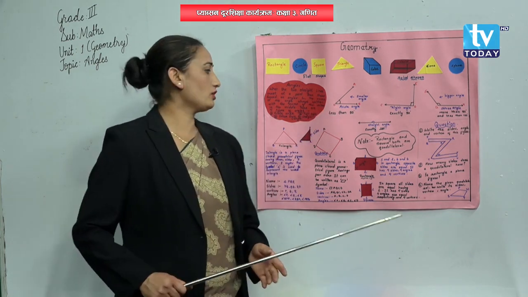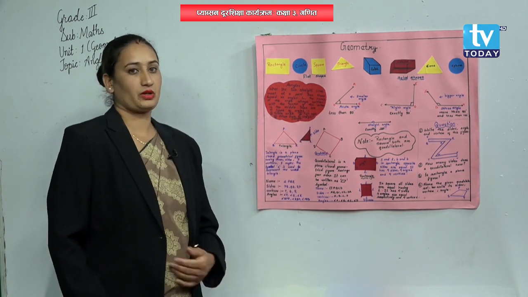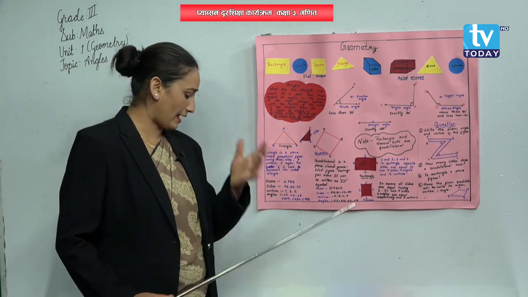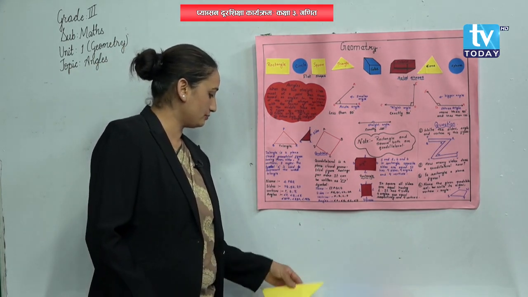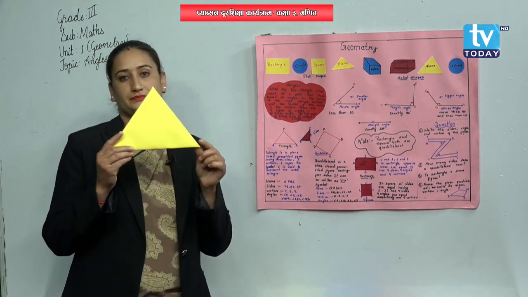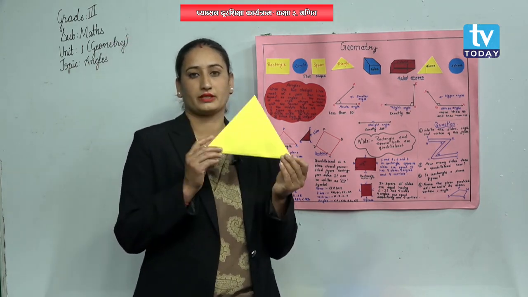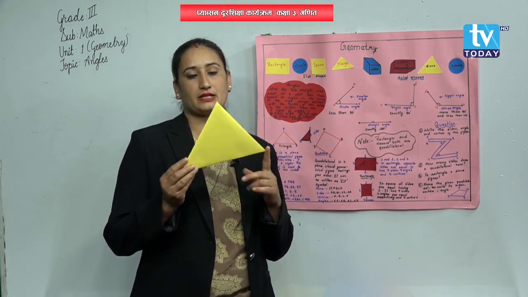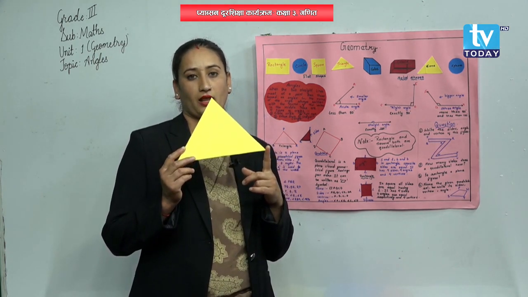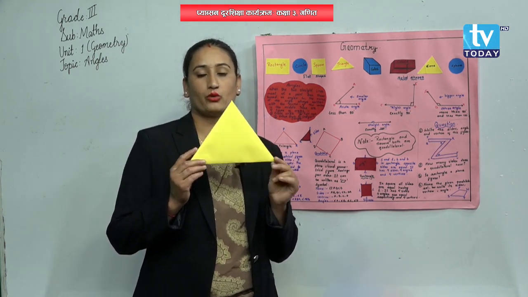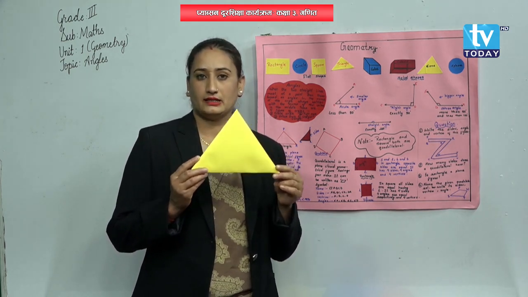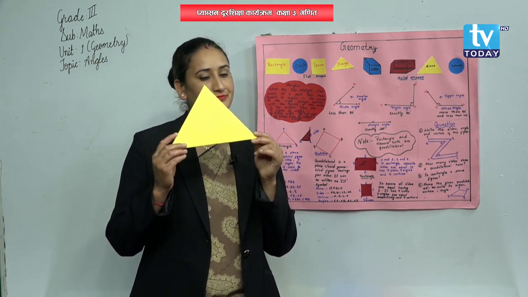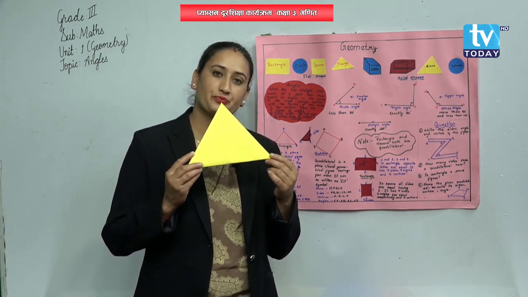Done? Okay. After this, we are going to learn about triangles. Have you seen this type of triangle over here? What is this? Can you guess and tell me the answers? Okay, what is this?